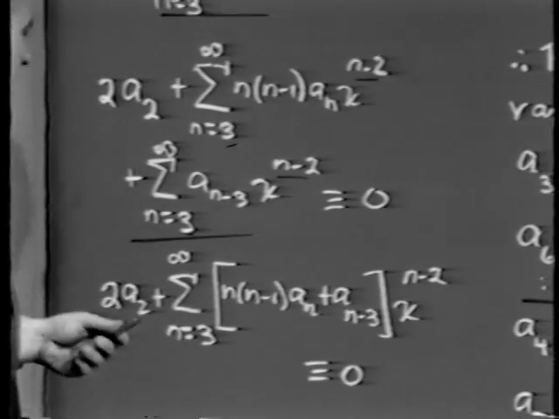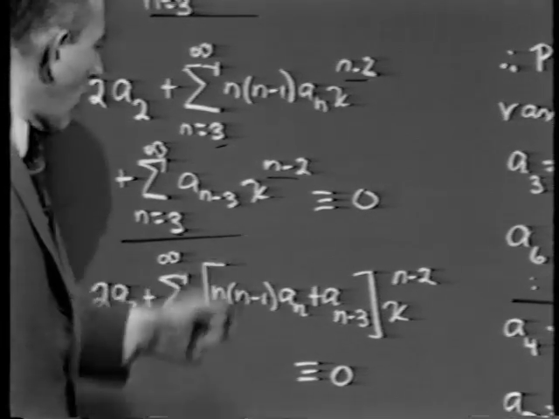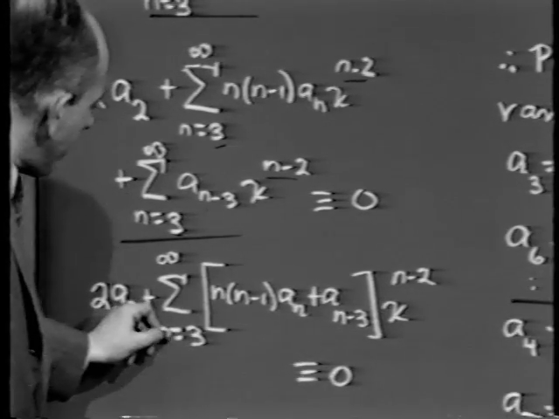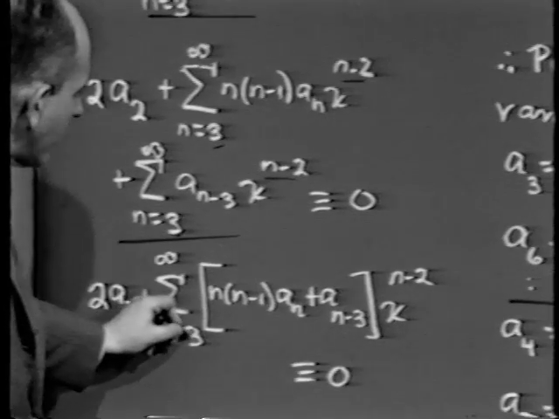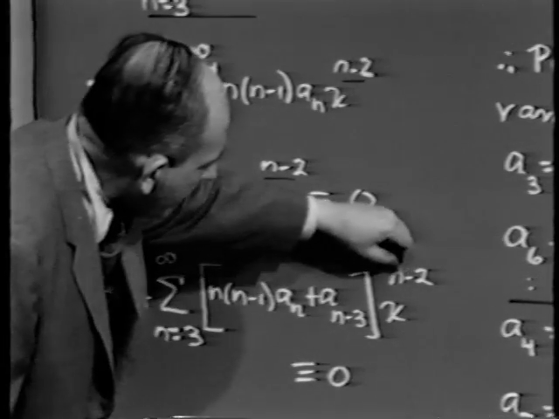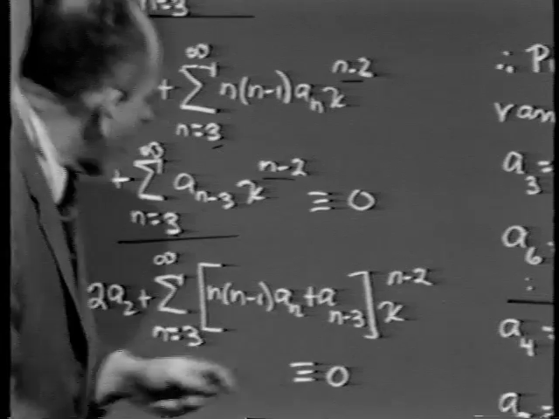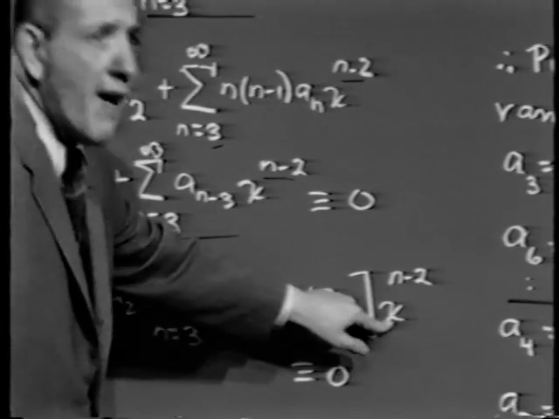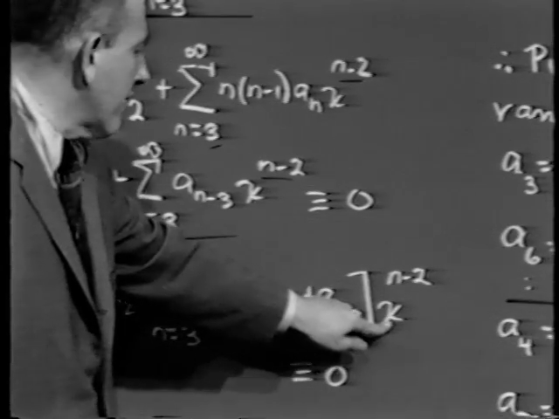Now, the only way that this can be identically 0 is if each coefficient is 0. By the way, notice that since the first term that appears here corresponds to n equals 3, when n equals 3, the exponent here is 1. So notice that this is my only constant term. All the terms in here begin with at least a factor of x in them.